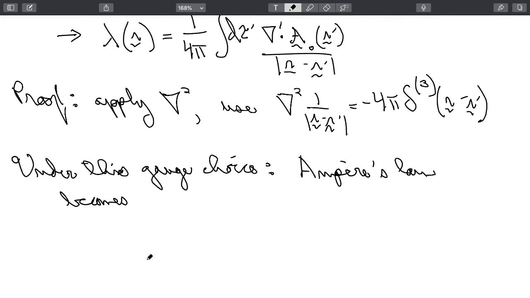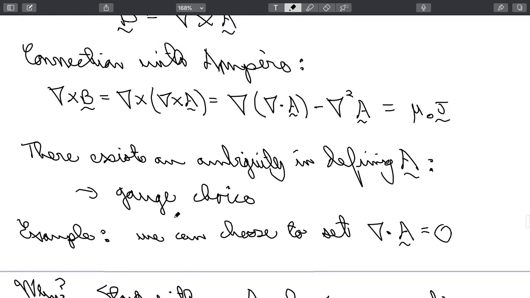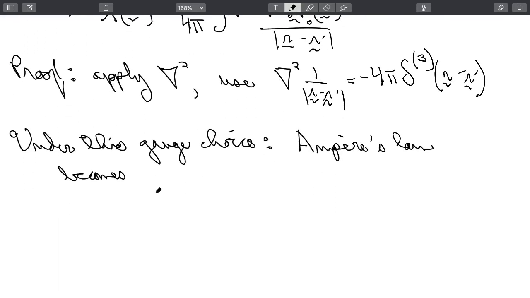With my original identity, I want to use this thing here, right? So the curl of B is now this, but now I've chosen that the divergence of A is 0. So really, the curl of curl of A is just minus the Laplacian of A. Therefore, Ampere's law simply becomes that the Laplacian of this vector potential is just minus mu 0 J. So you see we get an incredibly simple equation.